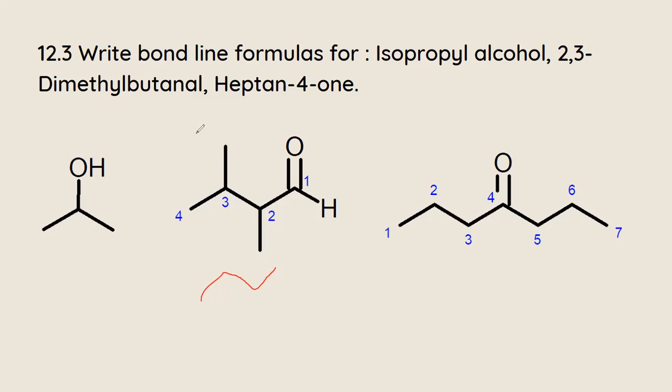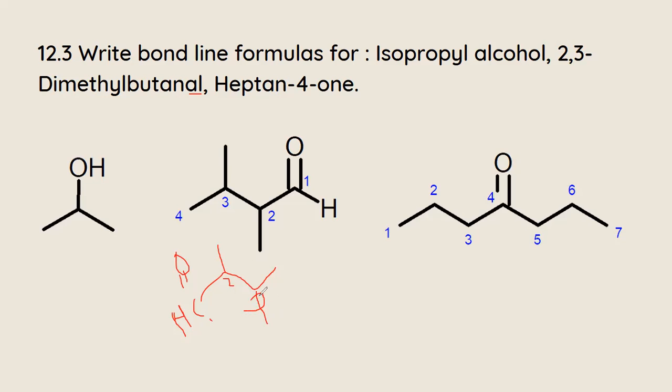methyl groups, and the first carbon atom is obviously having an Al, which implies it's an aldehyde. So here it will be COH. Forgive me for my horrible drawing of the structure, but this is the first carbon, this is the second, and this will be the third. At the third and the second carbon atom, you have a methyl group in each case.